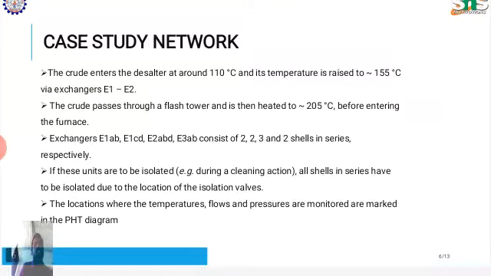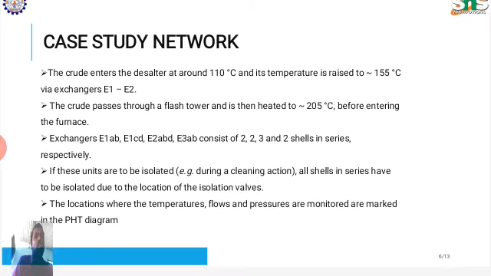The case study of this network is going on. The cleaned design conditions of the exchangers are also given. Design conditions of exchangers labeled E are summarized in the tables. The exchangers E1AB, E1CD, E2ABCD consist of 2, 3 and 2 shells in series respectively.